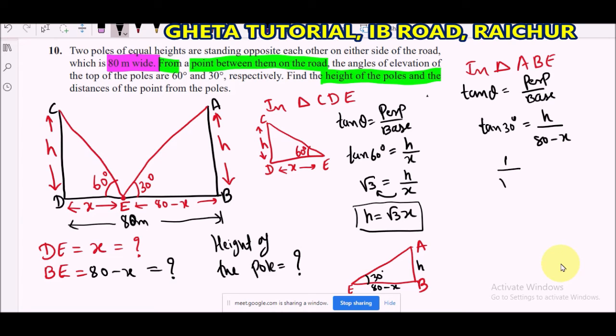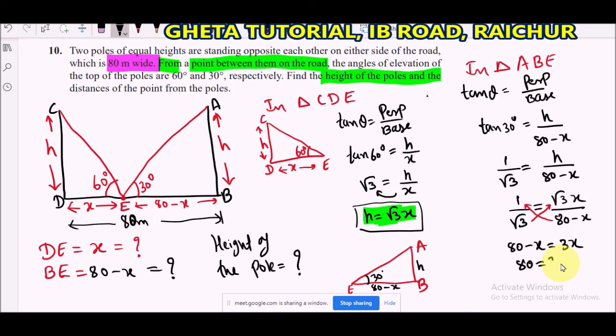So tan 30 is 1 by root 3, equal to h divided by 80 minus x. What is the h value? h is root 3 x. So 1 by root 3 is equal to root 3 x divided by 80 minus x. Cross multiplying, 80 minus x is equal to root 3 into root 3 x, which is 3x. So 80 is equal to 3x plus x, so 80 is equal to 4x. So x is equal to 80 divided by 4.